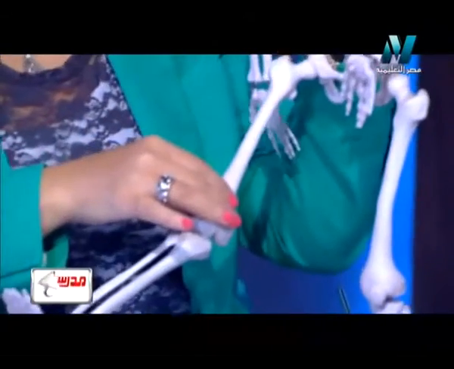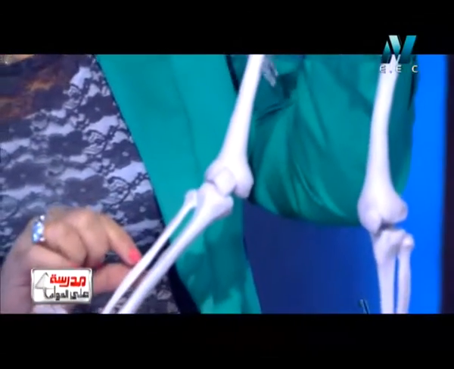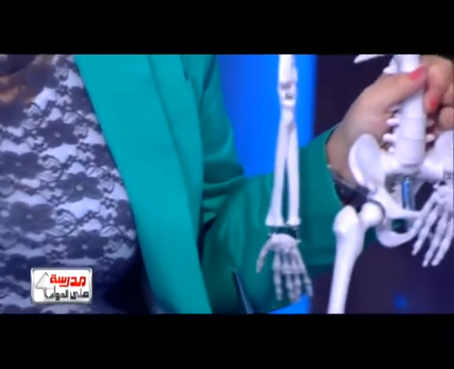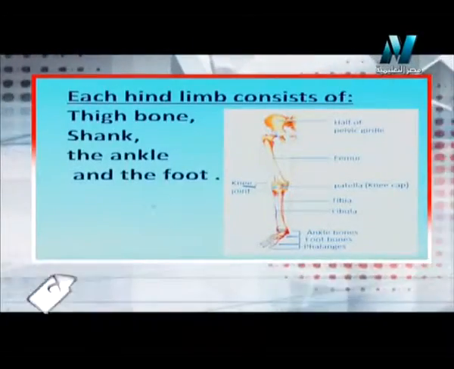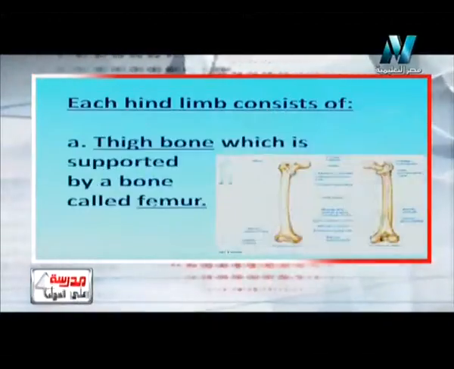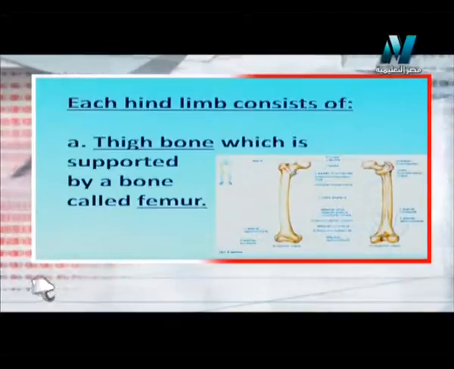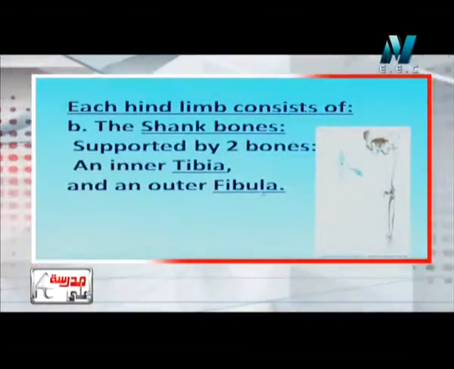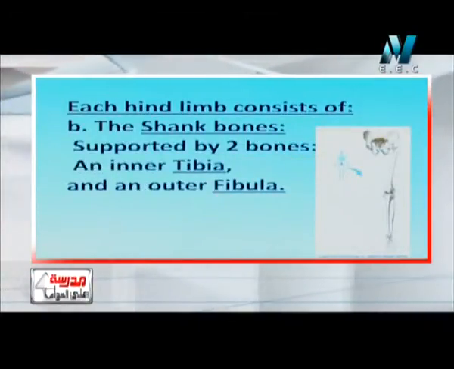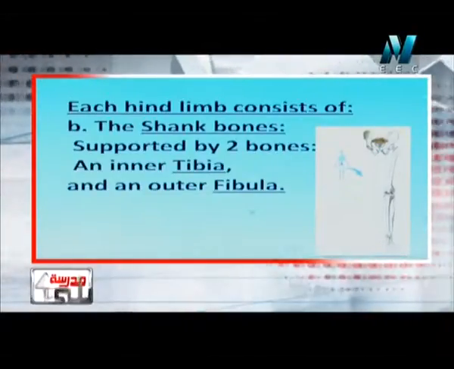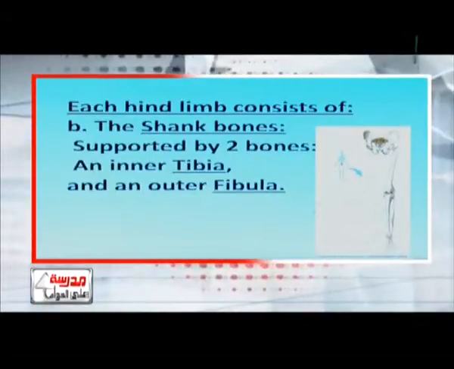This is the femur, this is the tibia and fibula, this is the shank, and also this is the bone of the ankle.